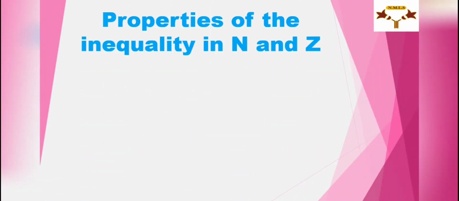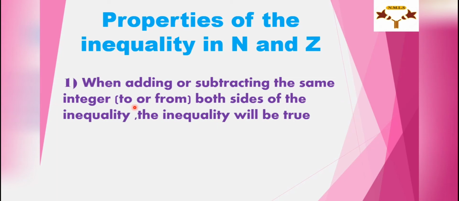Let's see how we can solve it, but first we have to know the properties of the inequality in N and Z. First property: when we add or subtract the same integer to or from both sides of the inequality, it will remain true.